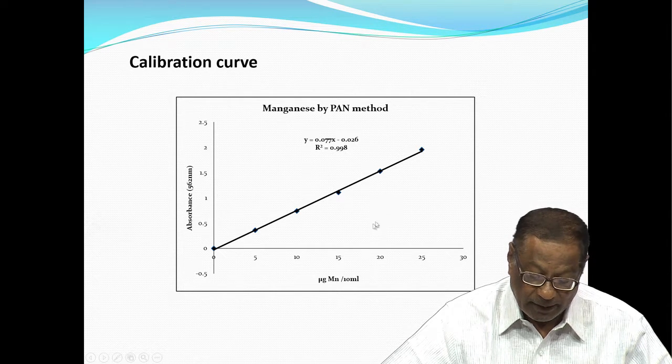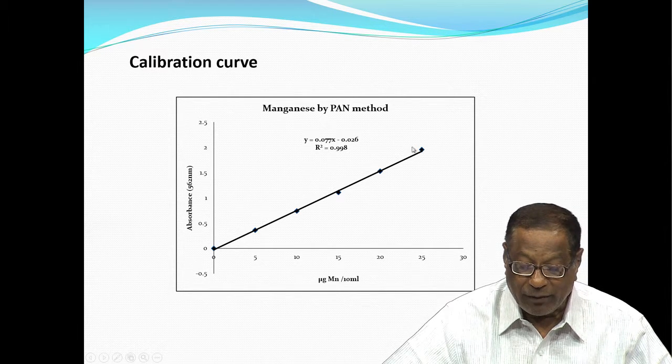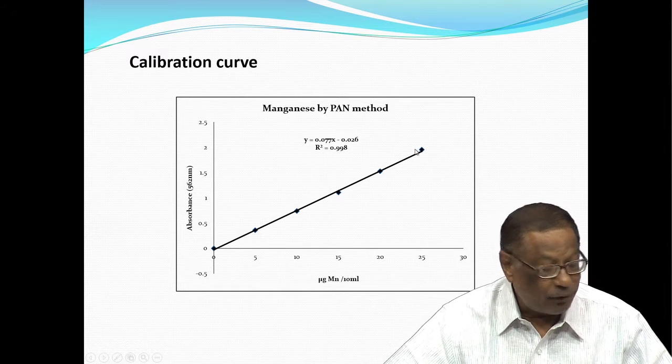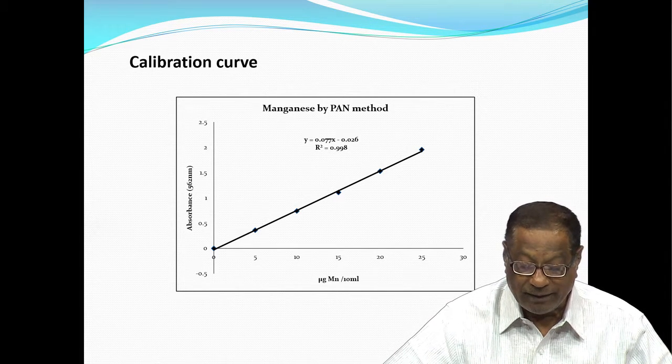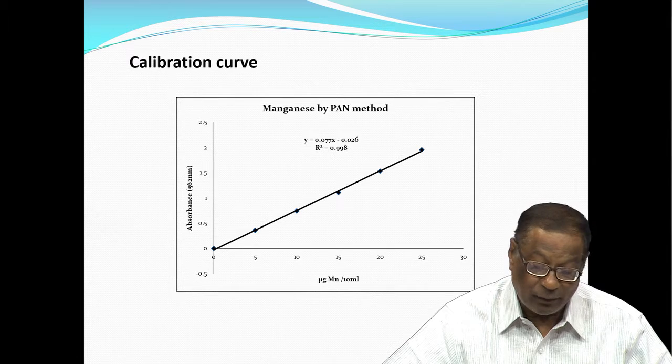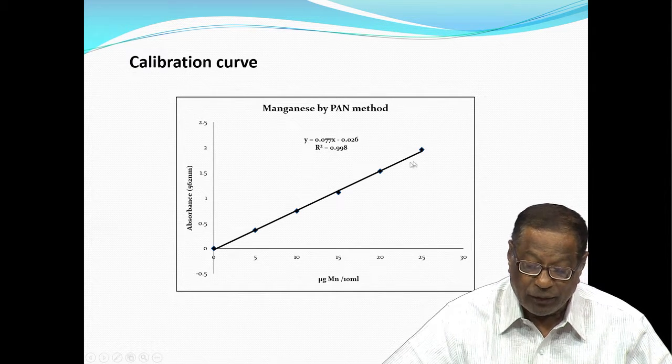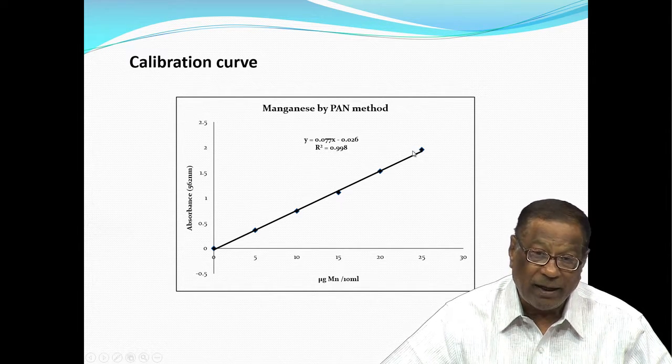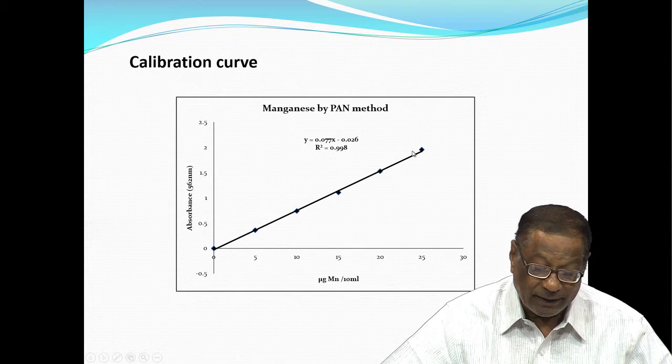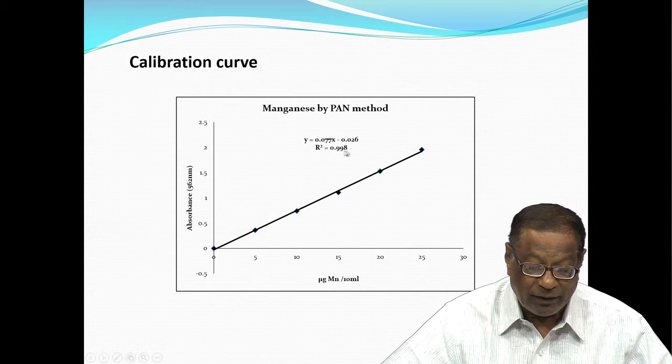Even if the concentration is up to 25 ppm, which is normally found in soils as well as in some of the extreme effluent waters, you can straight away go for the determination without any dilution. That is the requirement, and the R square value is about 0.998.